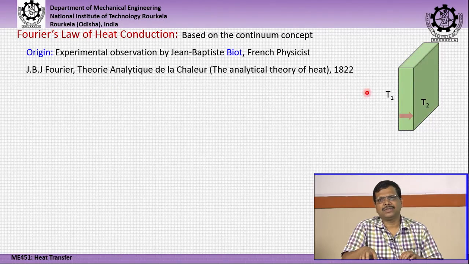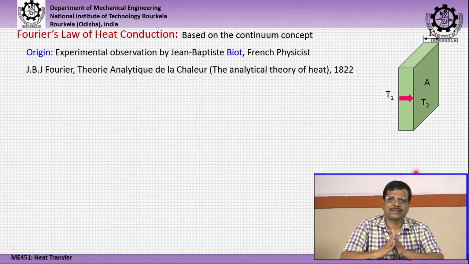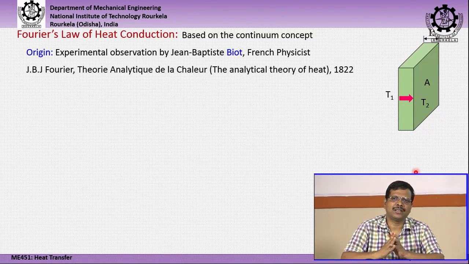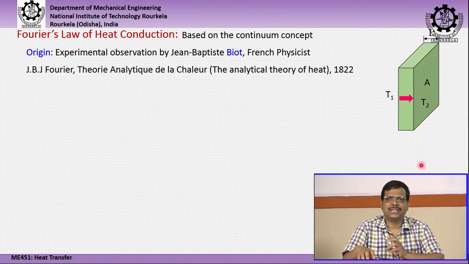So, let us say first we consider a slab, and here we will consider it to be a one dimensional heat conduction problem, with the temperature T varying along the thickness of the slab only. Temperature T is not varying along the other 2 dimensions.